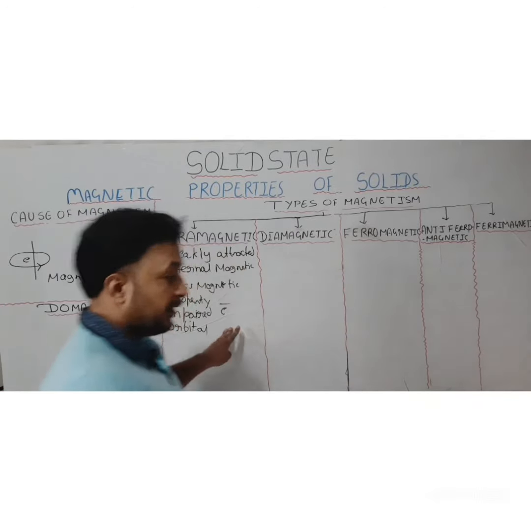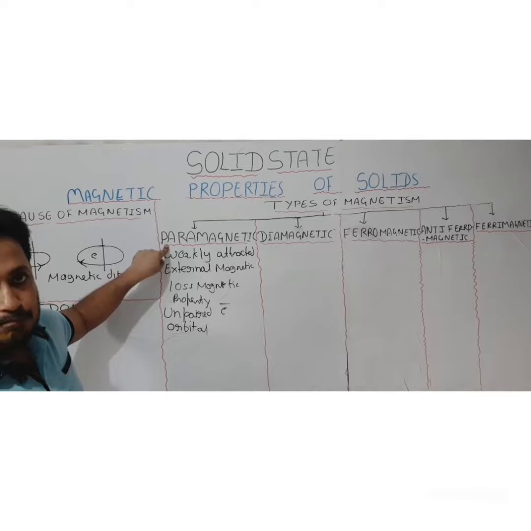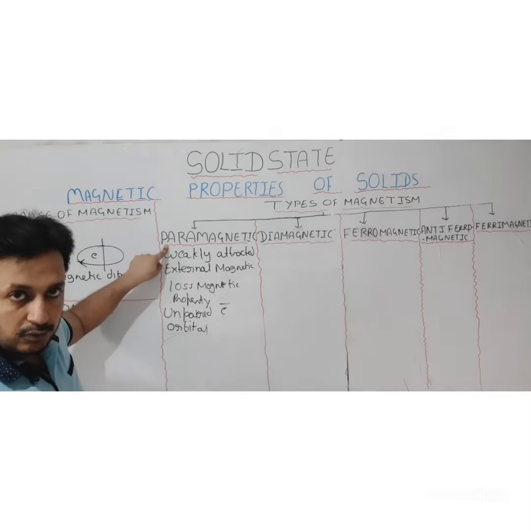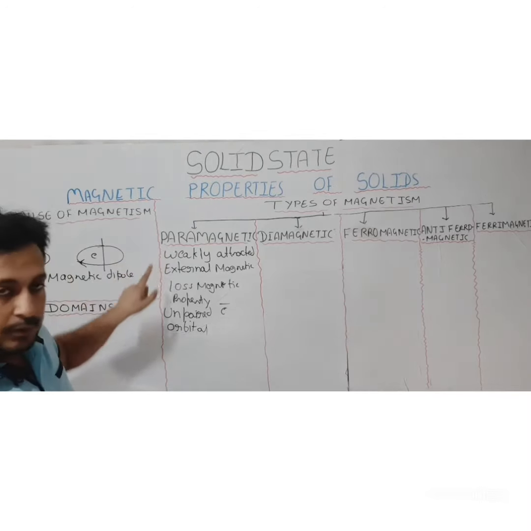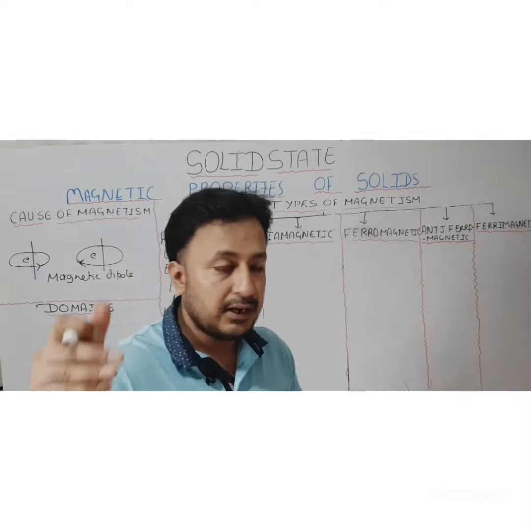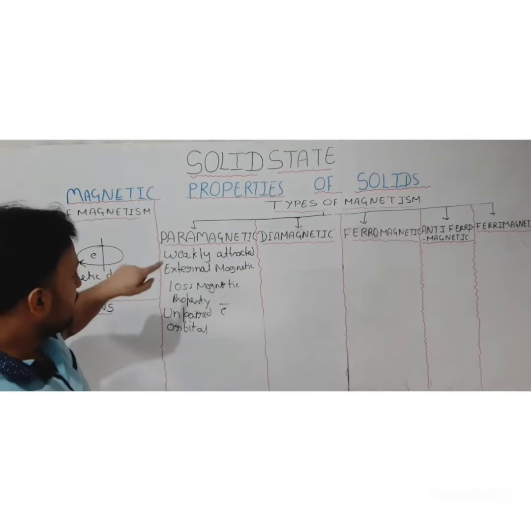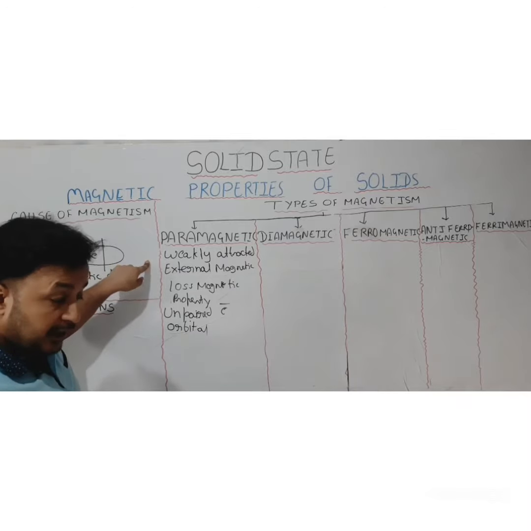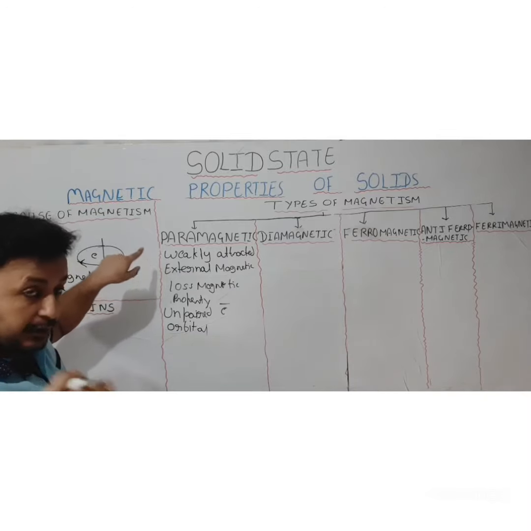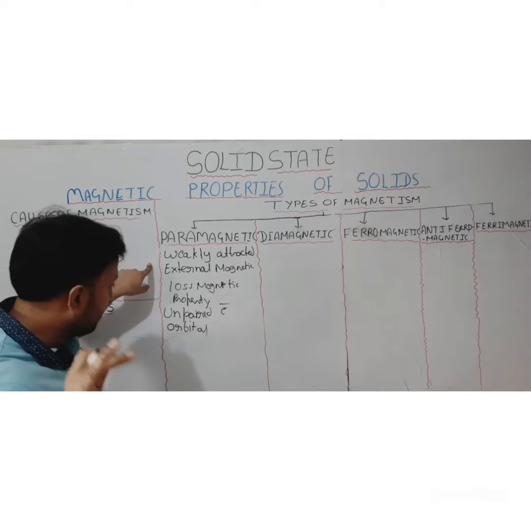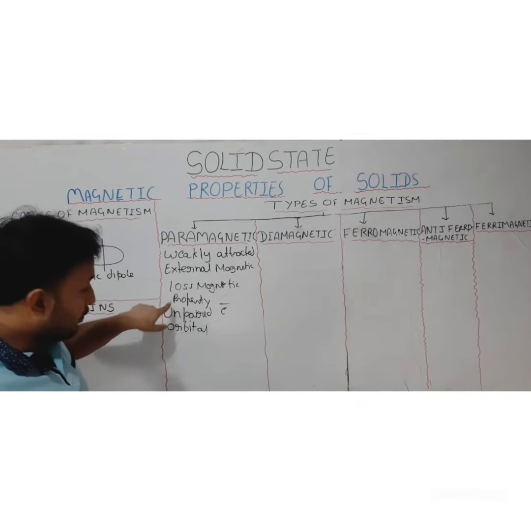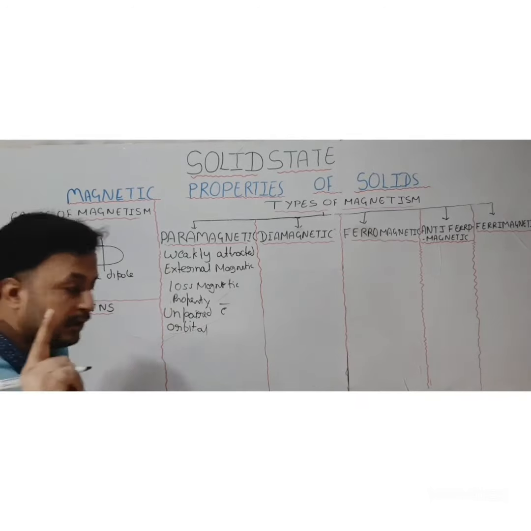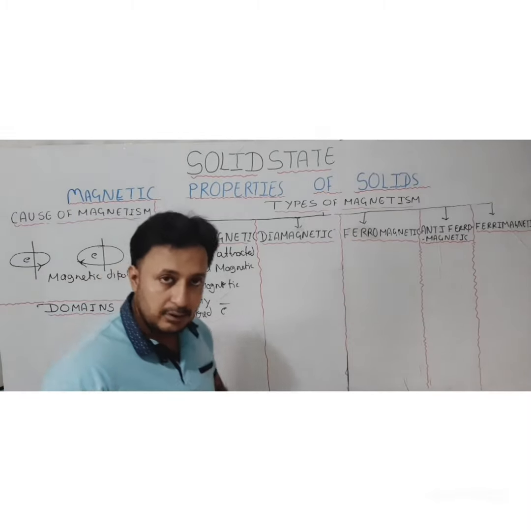If a substance has an unpaired electron in an orbital, then it is said to be a paramagnetic substance. They show the magnetic property only when you apply an external magnetic field, they are weakly attracted in the magnetic field, and they will definitely have at least one unpaired electron in their orbital.